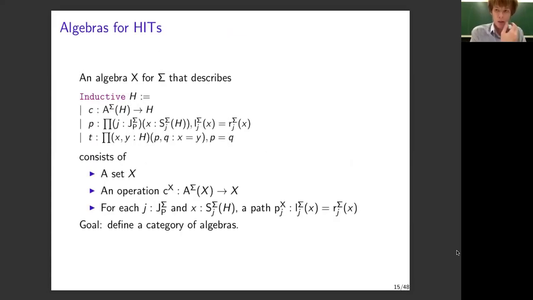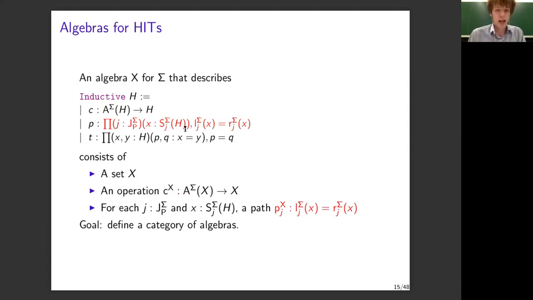So what do we do? Well, let us first think about what an algebra is supposed to be. And what an algebra is supposed to be can be read off from the shape of the higher inductive type. So since we have a point constructor going from A X to X, we must have an operation like this.